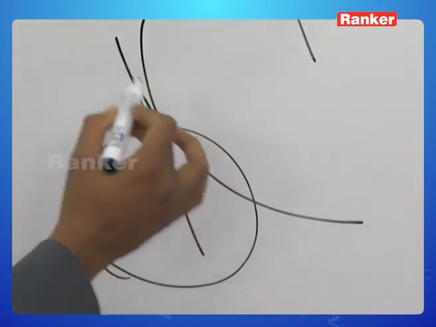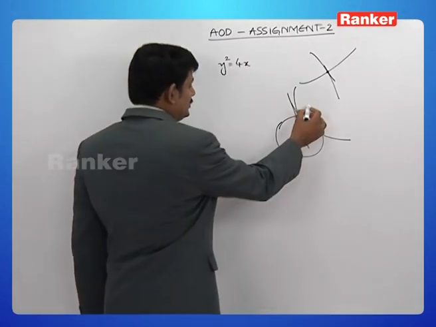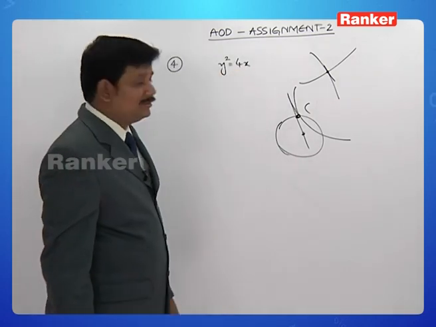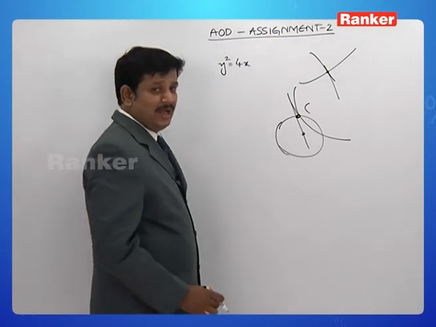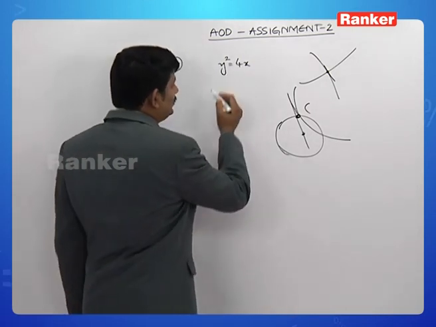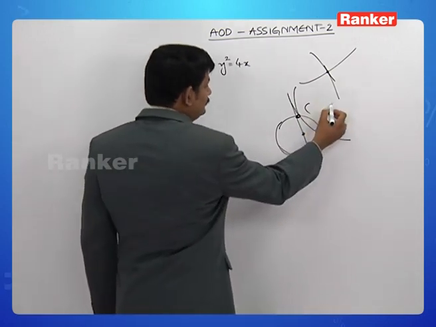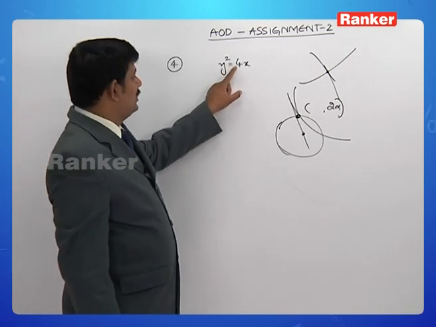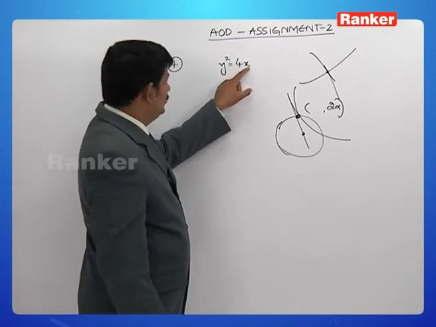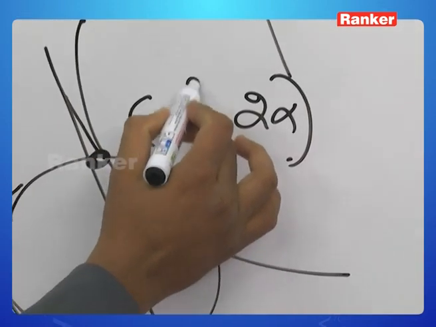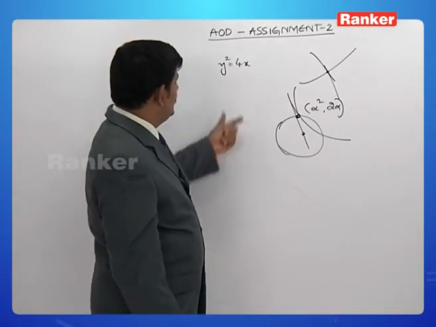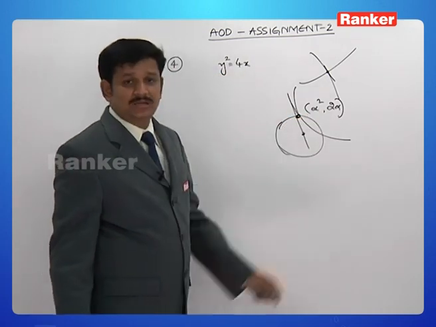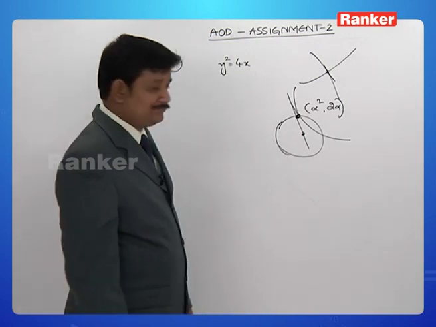So let us assume the point of intersection. Any point on the curve y square is equal to 4x can parametrically be assumed with y coordinate 2 alpha; then 4 alpha square is equal to 4x, so x will be alpha square. So parametrically any point on the curve can be assumed as alpha square comma 2 alpha.